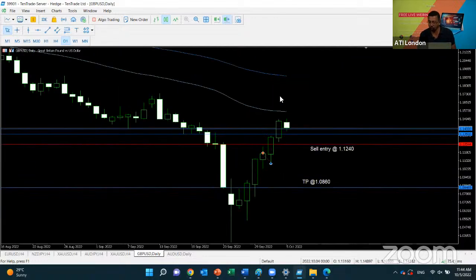Now we have 1.1254, as I said earlier, right here as a top area, marking the opening price of that mother candle. Now that mother candle is very obvious, very strong, so that selling zone is all over this area right here, within 1.1254 right down to 1.0847.